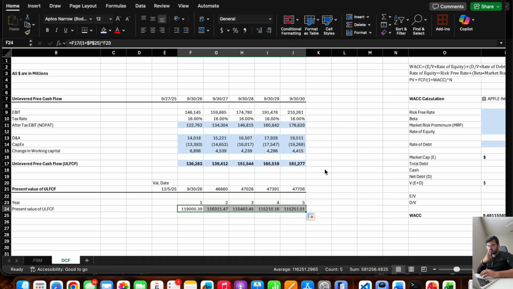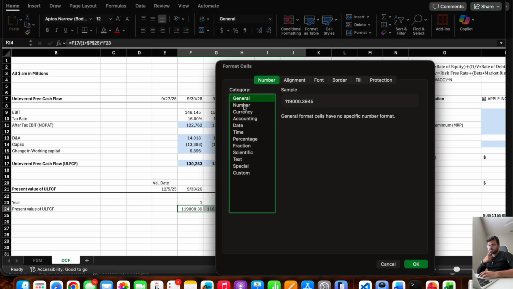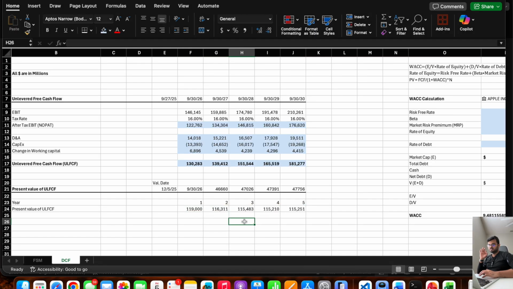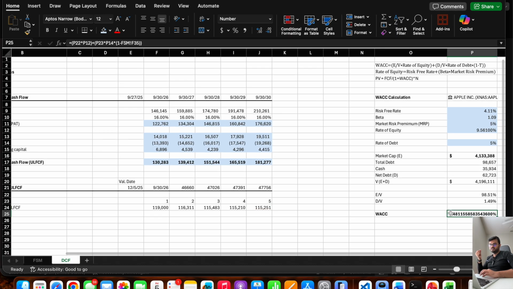I will format it in a proper way. So by doing this exercise, we could figure out that, as we calculated, $181 billion in 2030 is valued at only $115 billion as of today at a discount rate of 9.48%.